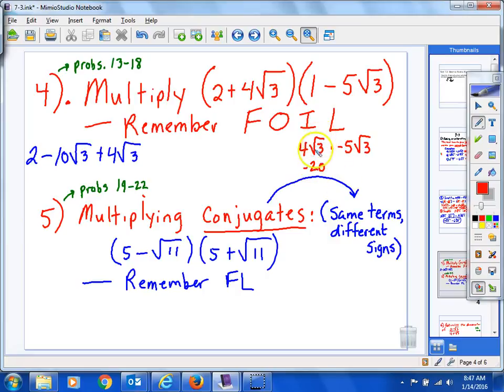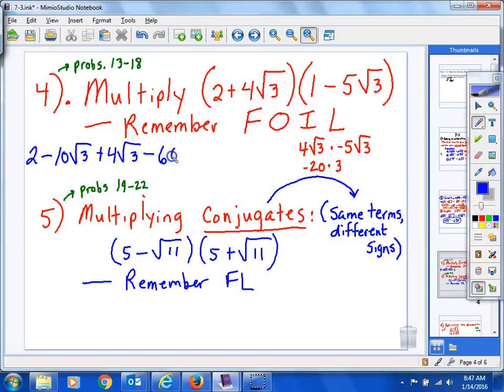Then multiply the radicals together. The square root of 3 times the square root of 3 is just 3. Now you're going to multiply these two results together. So this last term that we would get, multiplying these two last terms together, would be negative 60.